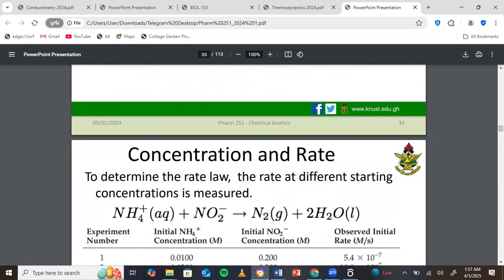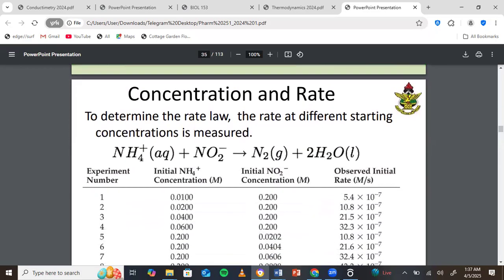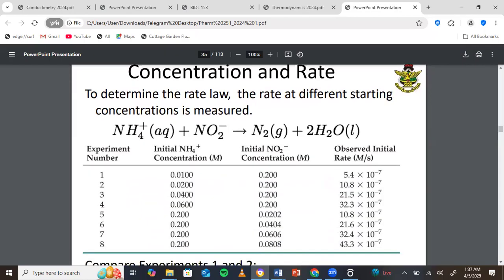To determine the rate law, the rate at different starting concentrations is measured. Now, this is one way of determining the rate law. We have different experiments, like 8 different experiments. Now we have different initial concentrations, and we look at how they affect the initial rate of reaction, right?